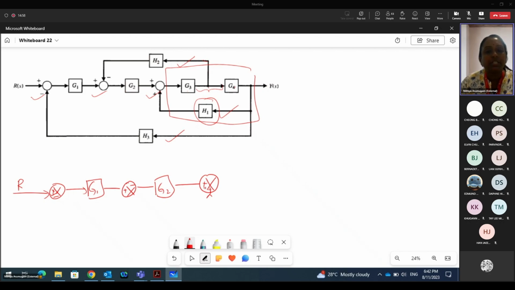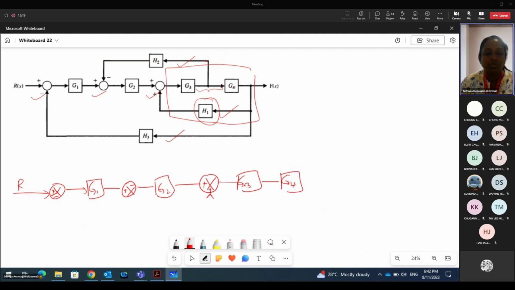Now, where to put the positive and negative sign at the summing point depends on which input line is coming in. So here positive, so it is at the bottom. All right, and then we have G3 here, and then G4.